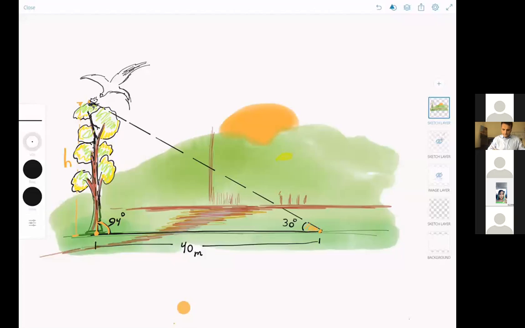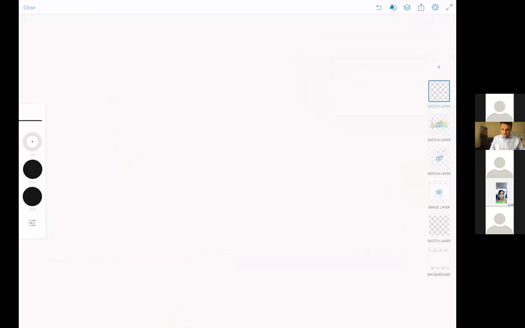If we have some pictures in an exam or homework, the first thing we should do is get the picture, the background, and make it into a triangle. So what's going to happen, we have a triangle almost like this.